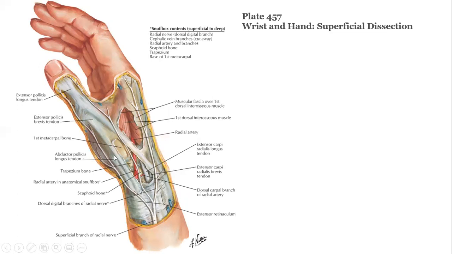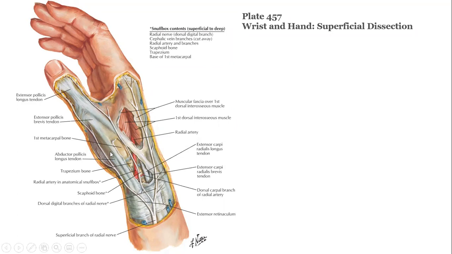You need to know the tendons that are the borders of this area. Does it have it labeled here? Yep. Here's your abductor pollicis longus, and then here's your extensor pollicis brevis, and then your extensor pollicis longus.